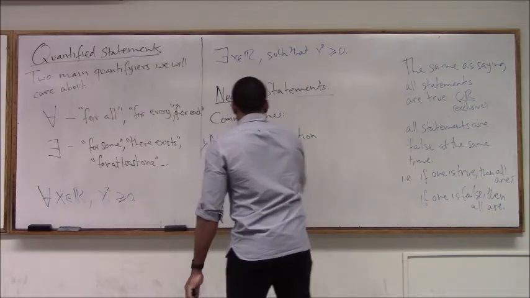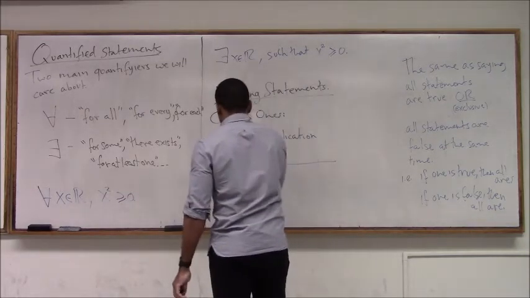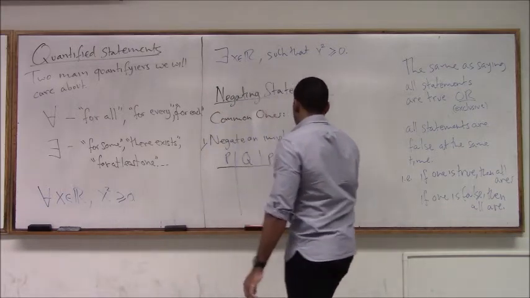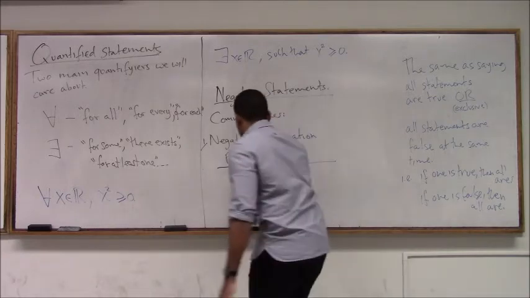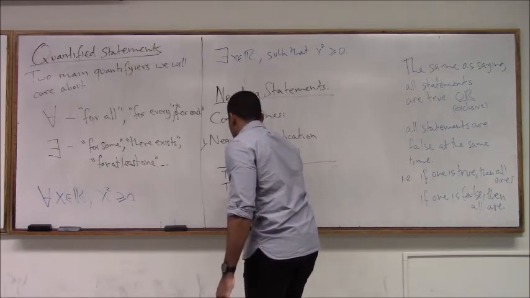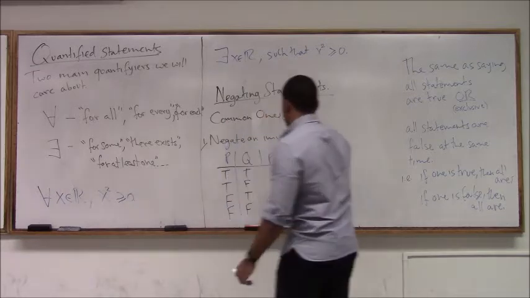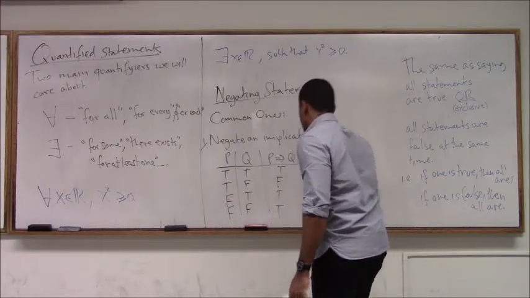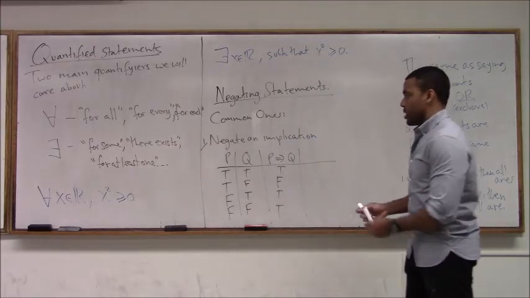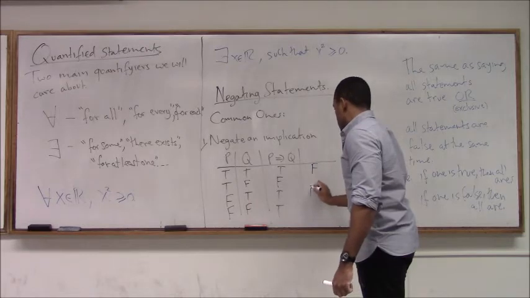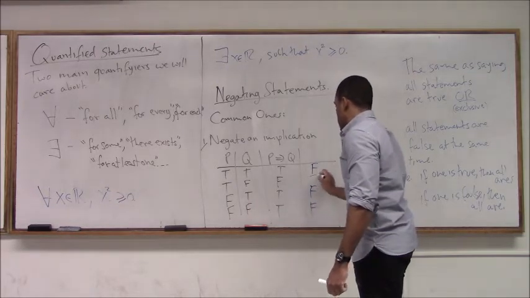So if I have P, I have Q, that P implies Q. Right? This is true, false, true, false, true, true, false, false. This here would be false here, but true everywhere else. What would the negation look like? False everywhere, true. False here, false here, false here, true here.